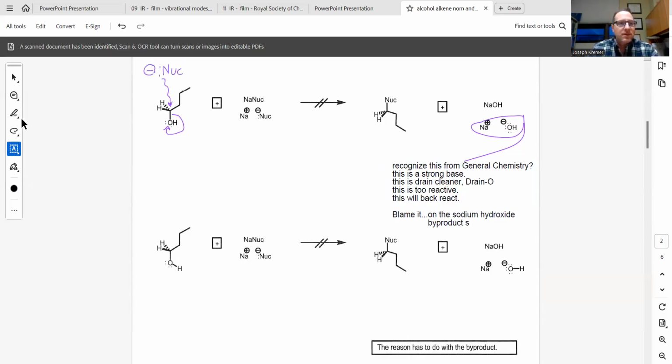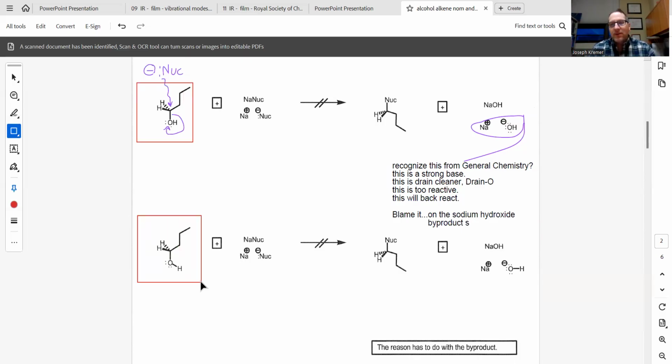And again, just to show you that alcohols can be presented with the OH condensed or the OH bond drawn out. It doesn't matter.